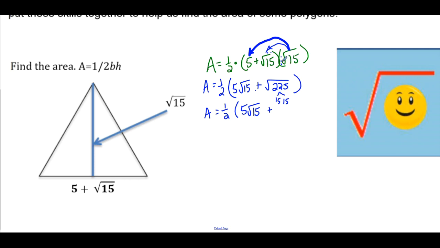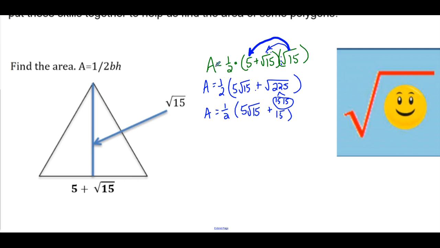I know that because that's what I just multiplied to get 225. I'm not going to keep going to get my pairs of 3s and 5s because I already see a pair right there. And there's nothing else left in there. So that means that the square root of 225 is just 15. So what I have now is 1/2 times 5 root 15 plus 15.